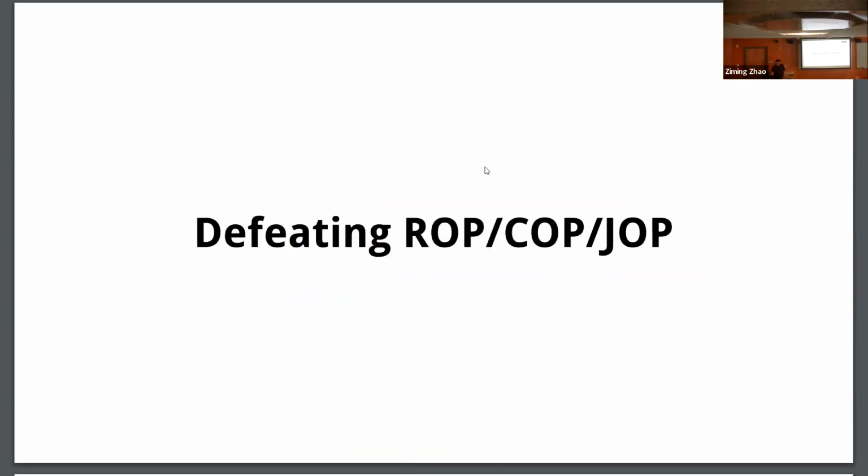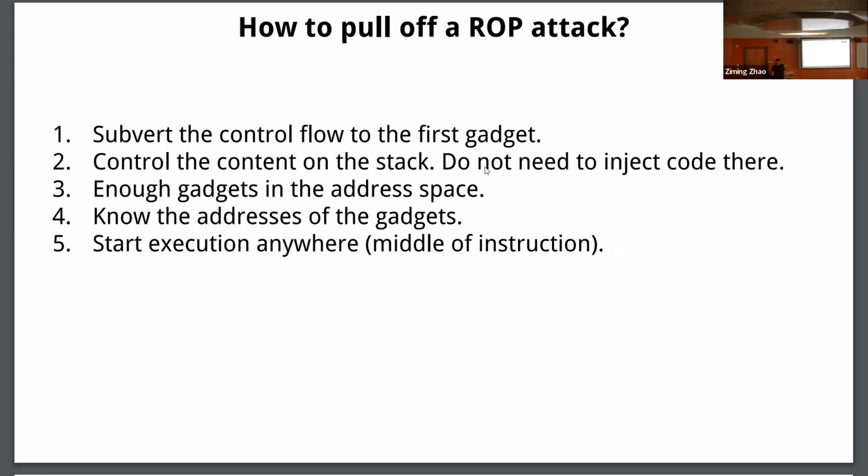Okay, so in general, how do we defeat those kinds of approaches? First, let's look at what conditions we need to pull off this attack. The first condition is we need to subvert the control flow to our first gadget, which usually means we need to control the stack, we need to control one return address, and we have the stack canary to defeat that.